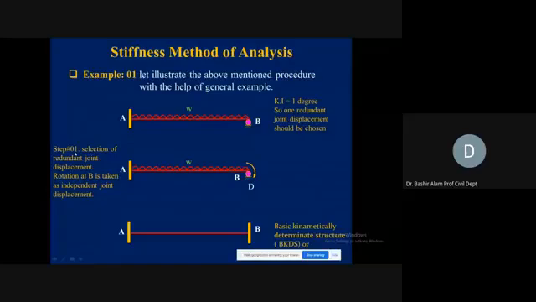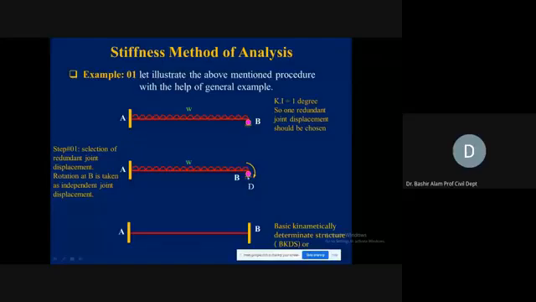So in step 1, we do the selection of redundant joint displacement. Rotation at B is taken as the independent joint displacement. Now, how can we make this kinematically determinate? The only way is to provide a fixed support here.